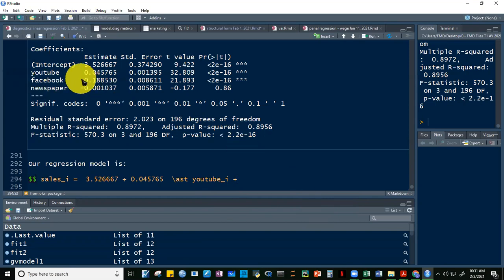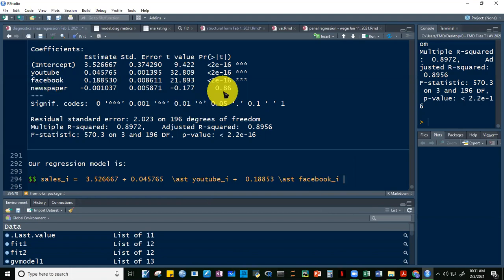Plus ito. Control C, Control V. And then times asterisk natin. It should be asterisk. Asterisk nino, yung Facebook. Control C, Control V. And then sub I natin. Okay.